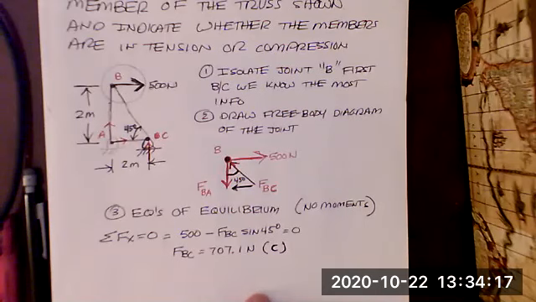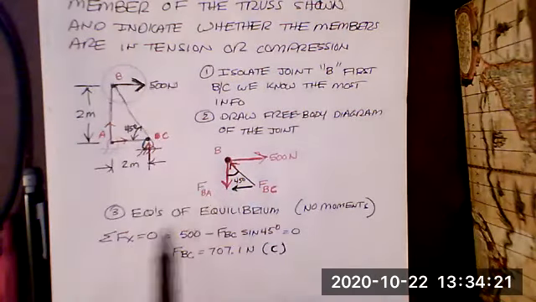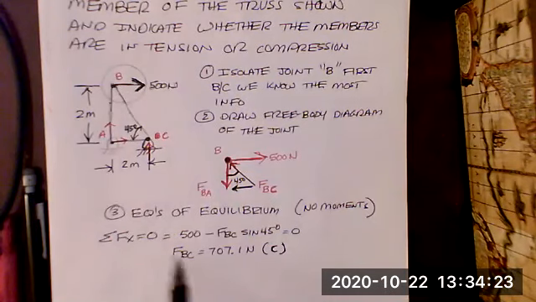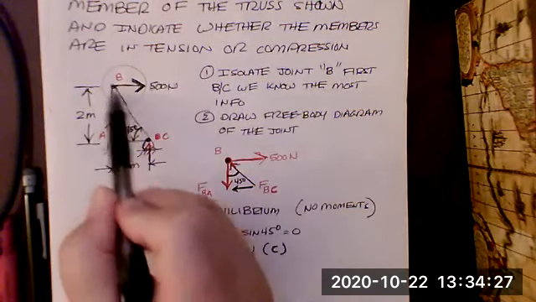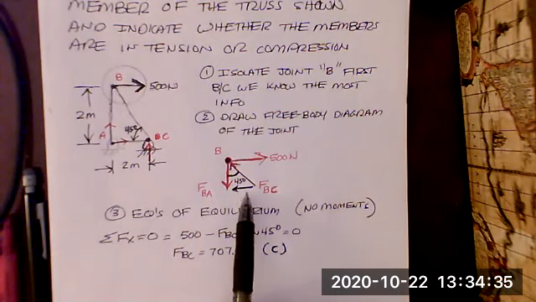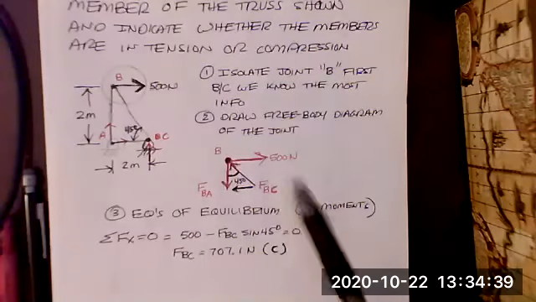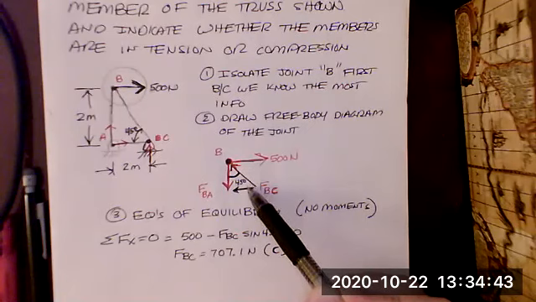All right. So the only thing we did different here is we isolated this joint and used the equations of equilibrium. And we had to assume whether it was in tension or compression based on inspection. But what was different here is that in this class we've always taken FBC cosine of this angle, and here you've got 45.